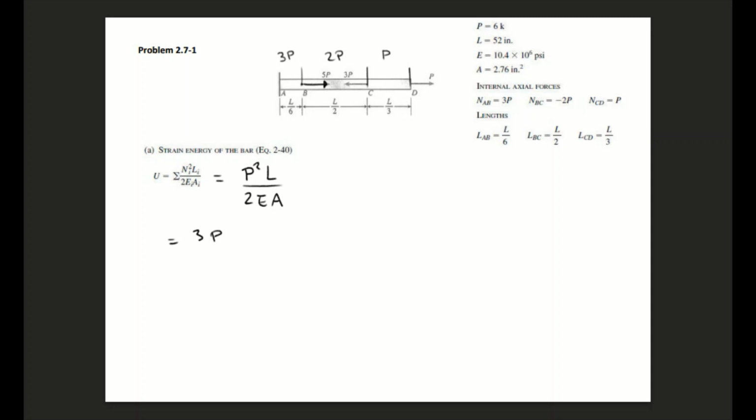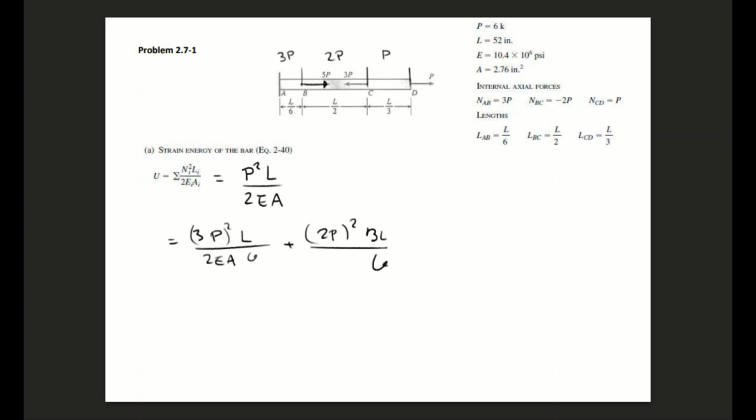If we write this out, we're going to have 3P squared over L. We're going to have the 6 on the bottom. A. We're just going to keep it in variables. We have a 2P, and that's the whole thing squared. That's for the middle section.